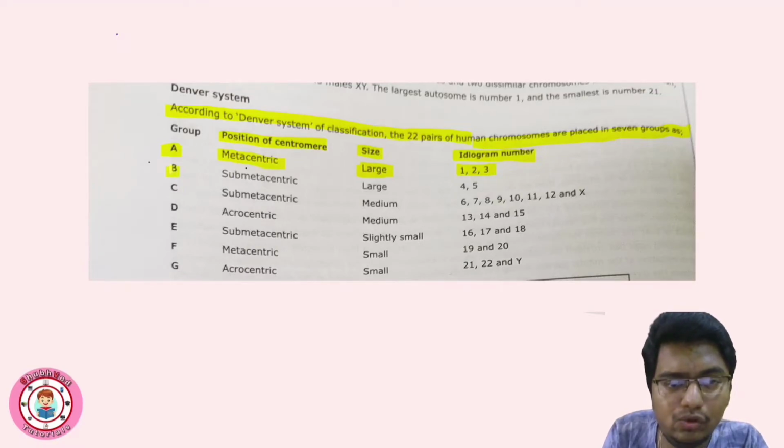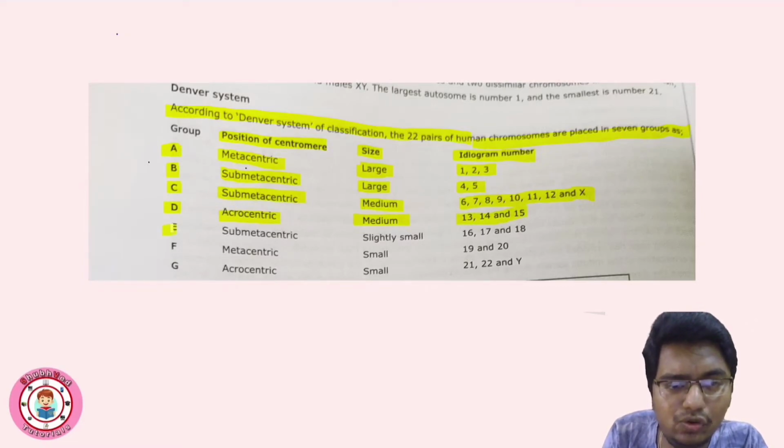Second group B, submetacentric, large, 4 and 5. Third group C, submetacentric, medium size, numbers 6, 7, 8, 9, 10, 11, 12, and X. Fourth group D, acrocentric, medium size, 13, 14, 15.